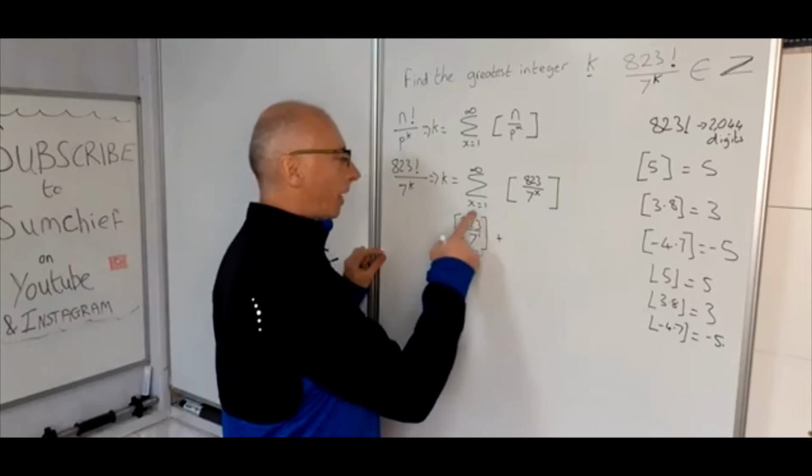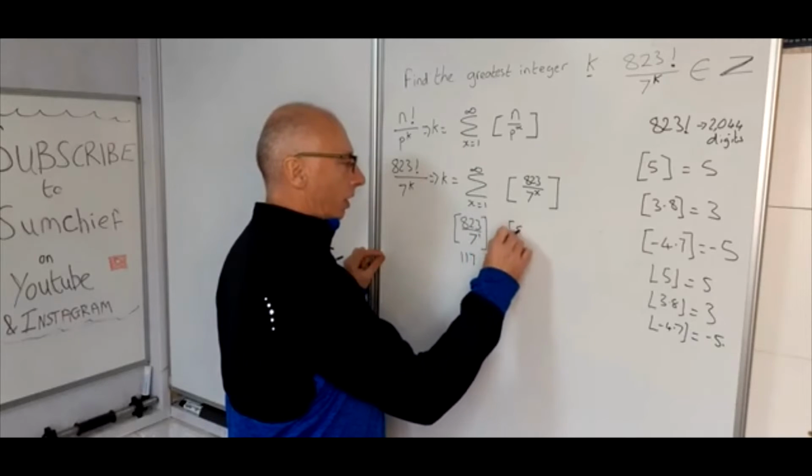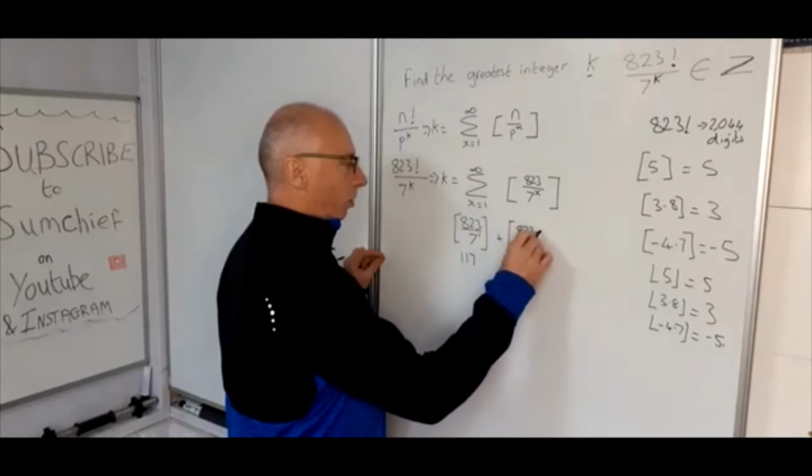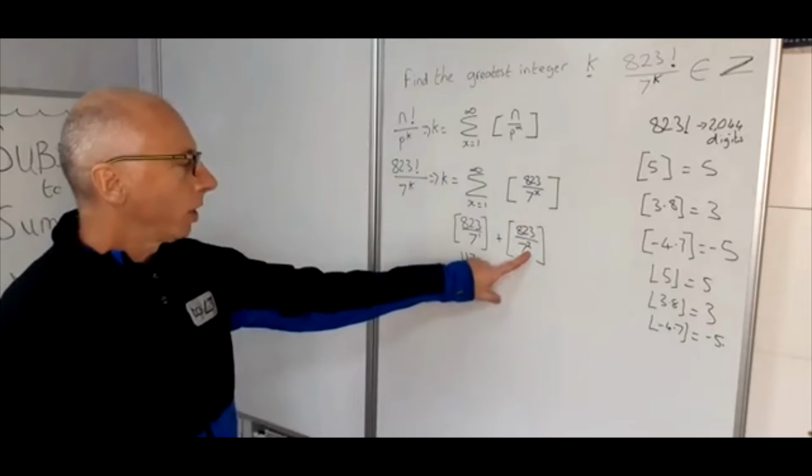Now we move on to x equals 2. So greatest integer function, 823 divided by 7 squared. Now 7 squared is 49.